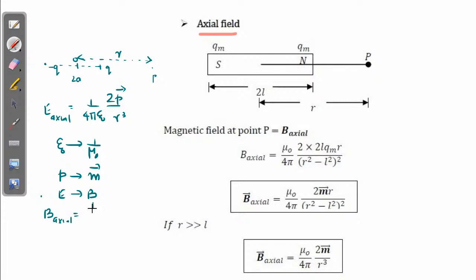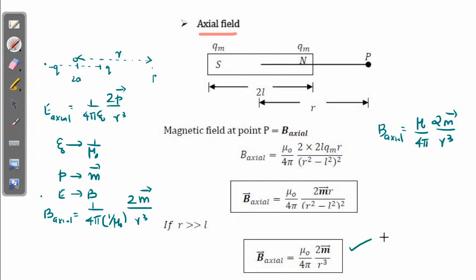B axial will be equal to 1 by 4 pi; instead of epsilon 0, I write 1 by mu 0, and instead of the p vector, I write the magnetic moment vector divided by r cube. This mu 0 comes to the numerator. Then B axial is equal to mu 0 divided by 4 pi times 2m divided by r cube. You can see the same result I have written here.